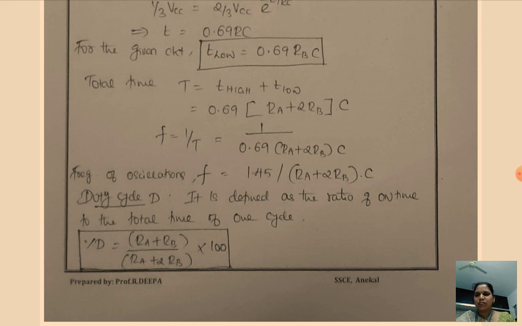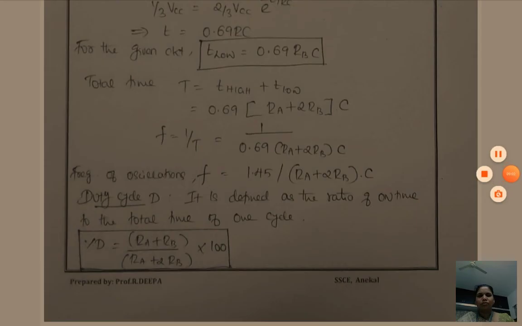So the duty cycle is RA plus RB divided by the total time taken by the capacitor for both charging and discharging, which we just calculated as RA plus 2 times RB. In terms of percentage, D is equal to (RA plus RB) divided by (RA plus 2 RB) into 100.